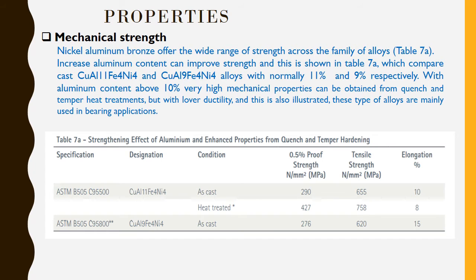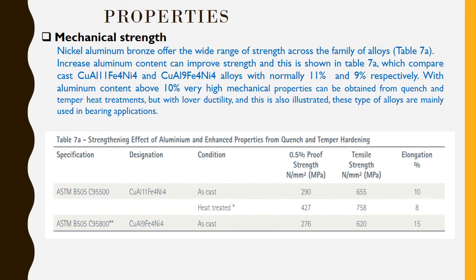Mechanical strength. Nickel aluminum bronze offers a wide range of strength across a family of alloys. Table 7a. Increased aluminum content can improve strength. In table 7a, we compare copper aluminum 11 iron 4 nickel 4 and copper aluminum 9 iron 4 nickel 4 alloys with nominally 11% and 9% aluminum respectively.